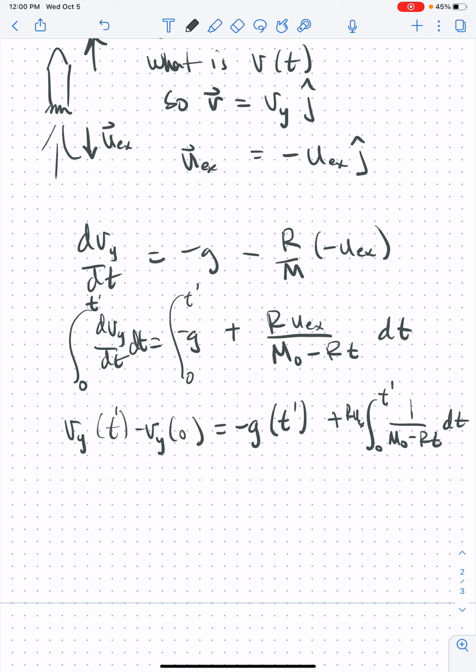Okay, so what's the integral of 1 over m naught minus rt dt?